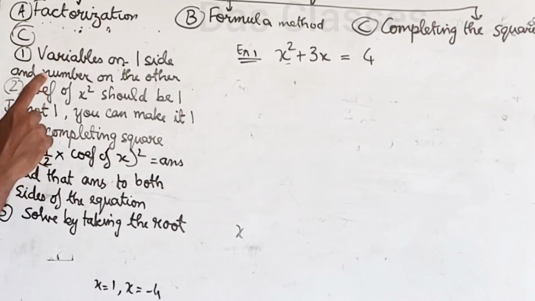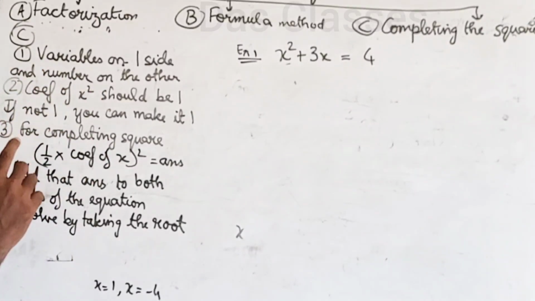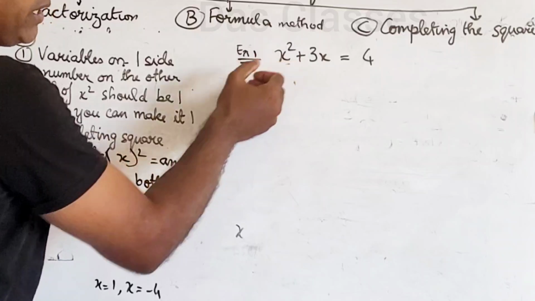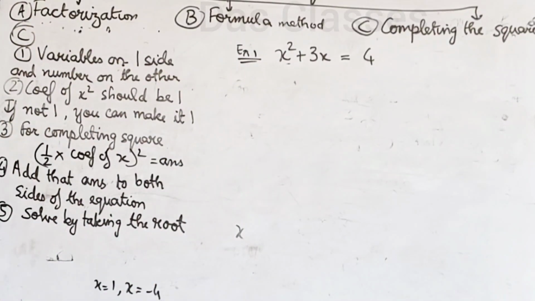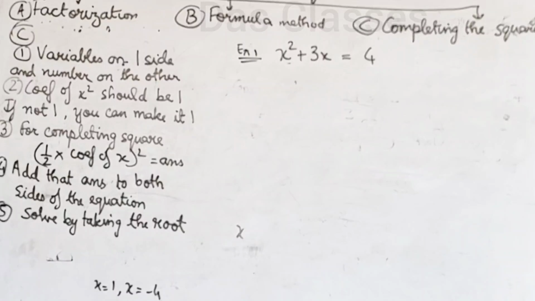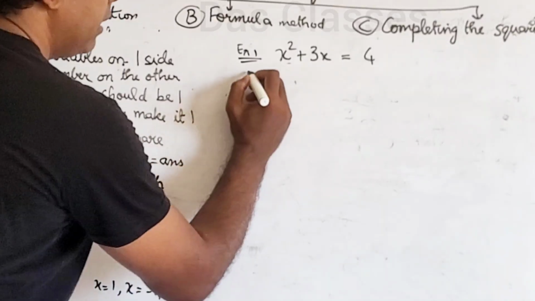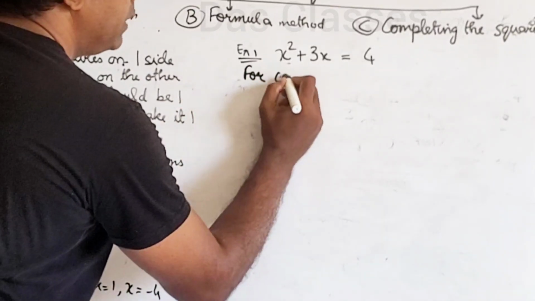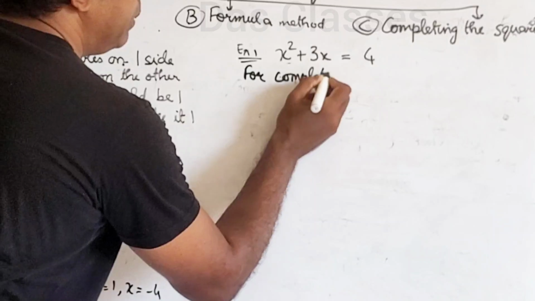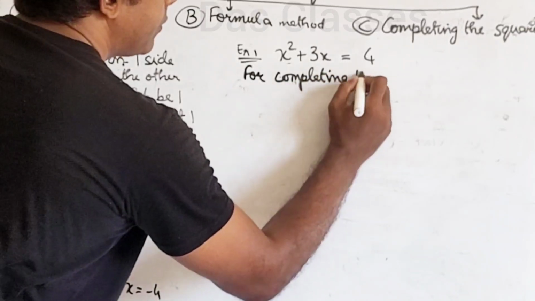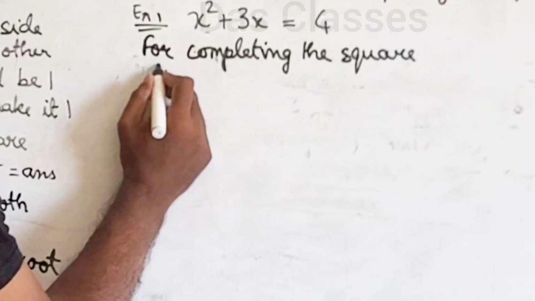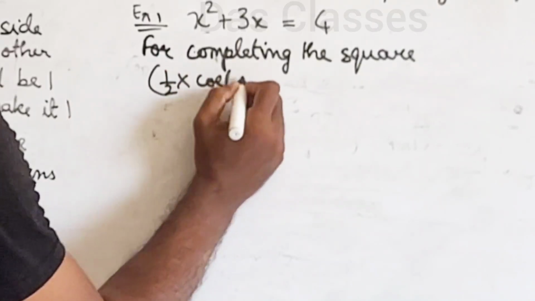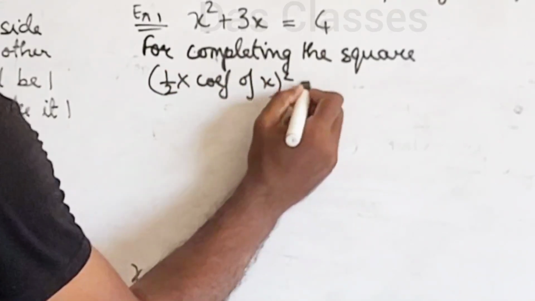Second step, coefficient of x square should be 1. See, coefficient of x square is already 1. So again, the second step is also done. So we'll start with the third step, that is for completing the square. We need to use the formula half into coefficient of x, bracket square.